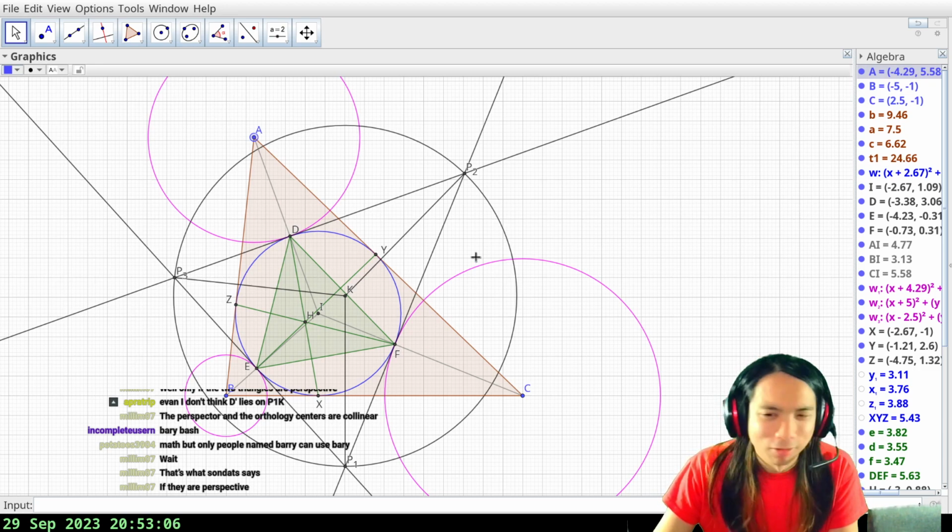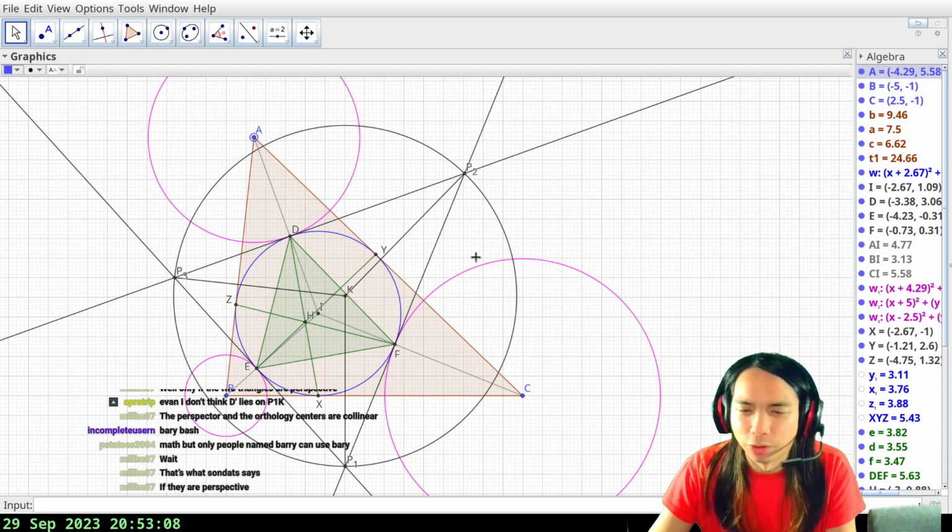If they are perspective... wait, but that's just false, right? Because the median point of DEF is not on the Euler line. So the orthology centers are I and K respectively.